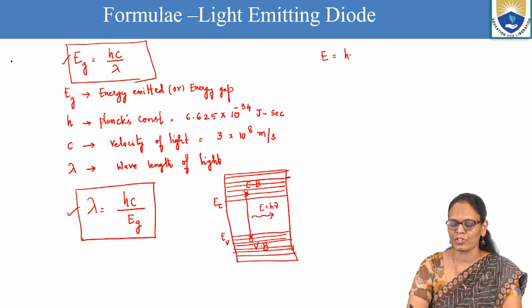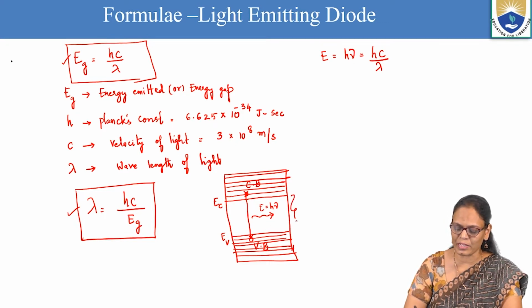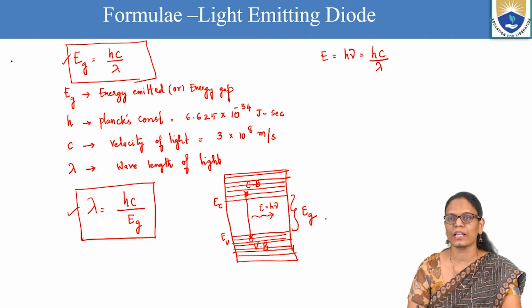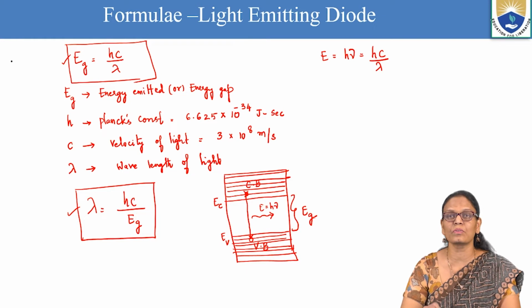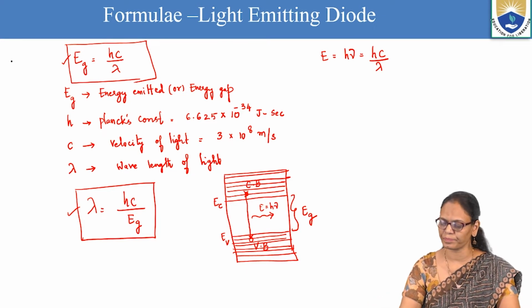E is equal to h nu, and nu is nothing but c by lambda. So E is equal to h nu, that is equal to hc by lambda. So the difference in energy that is emitted is always equal to the energy gap, Eg. That is what we have to understand before doing the numericals.